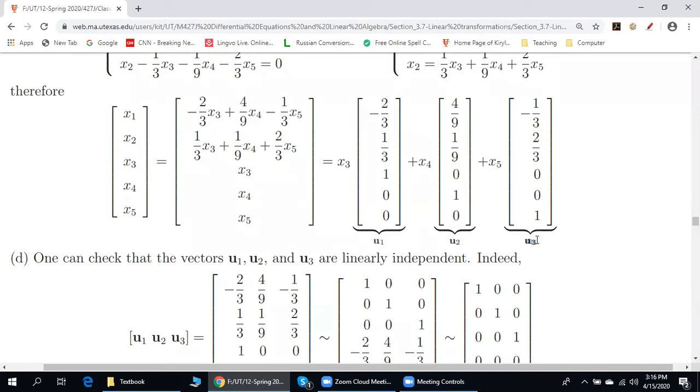The set of all solutions of our system coincides with the set of all linear combinations of these 3 vectors. Therefore, it's a vector space by theorem 2 from section 3.2.